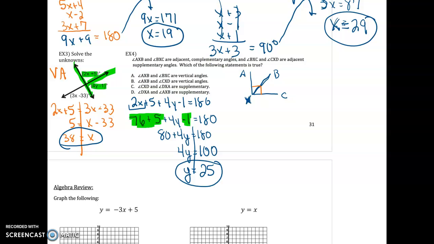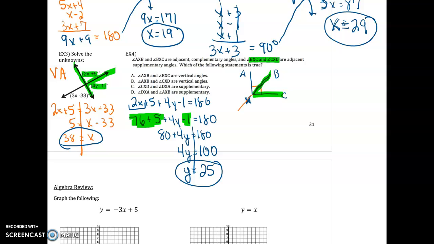And then we go to our next description that says BXC and CXD are adjacent and supplementary. So that means based off this BXC, I need to draw CXD so that they're supplementary, which means they add up to 180, but they're also right next to each other.